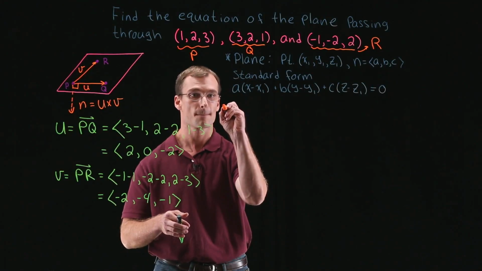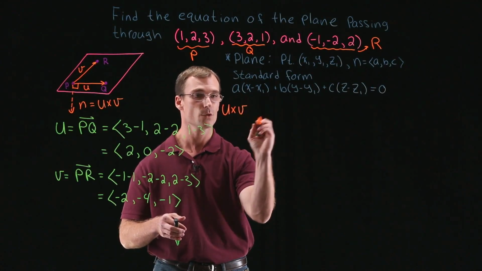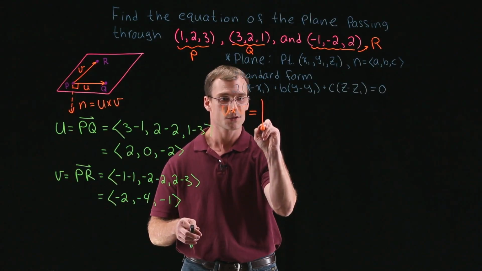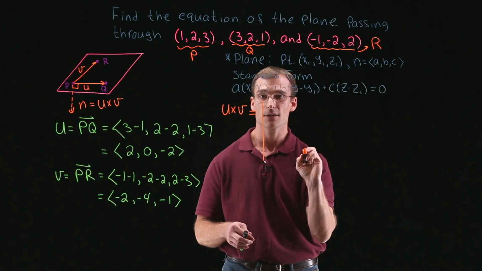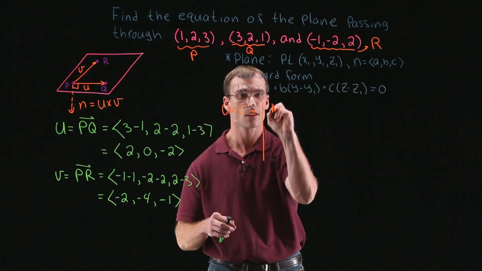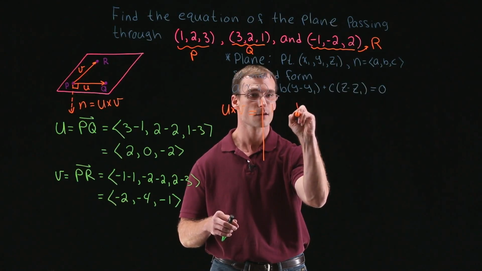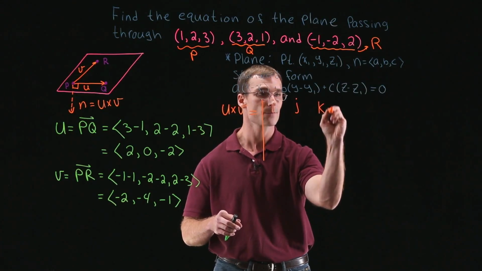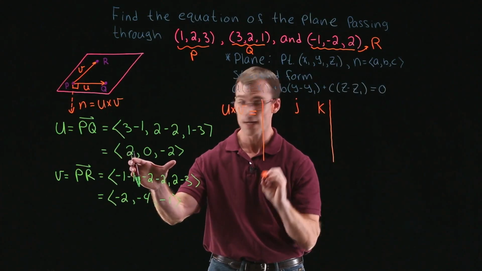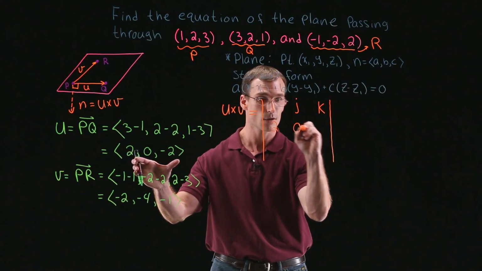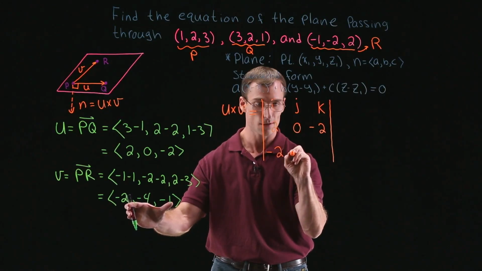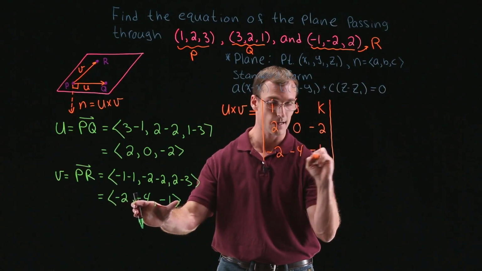Now we want to find our cross product, U cross V. When we find this cross product, we're essentially following the same steps as finding the determinant of a matrix where the first row is our unit vectors i, j, and k, the second row is the components of U, 2, 0, and -2, and the third row is the components of V, -2, -4, and -1.